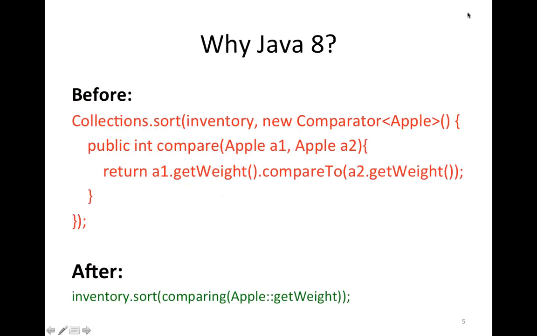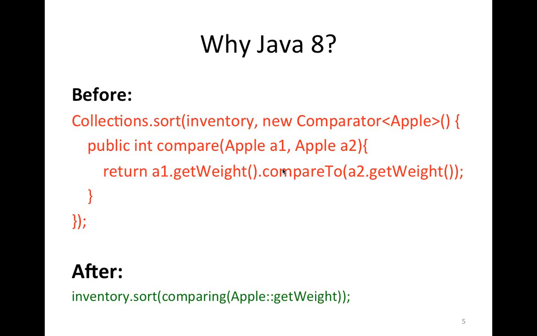So first of all, let's address the important question. Why should you care about Java 8 at all? What does it bring to you? It turns out we are writing a lot of obscure code on a day-to-day basis. In this example, given an inventory, a list of apples, we would like to sort the list of apples based on the weight.